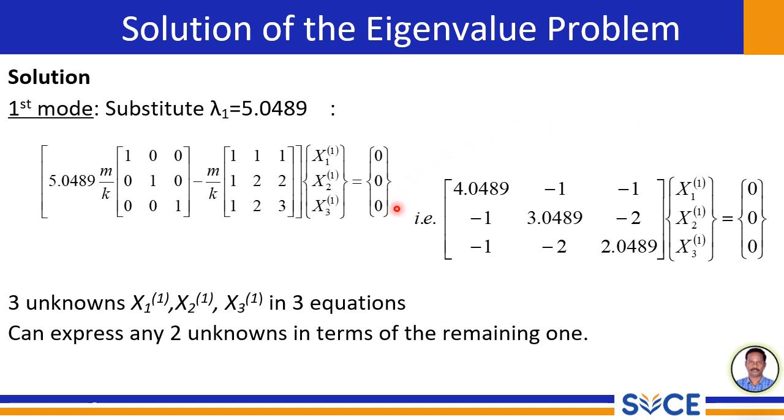This matrix equation represents a system of three linear homogeneous equations with three unknowns x1, x2, x3, which are the components of the first mode eigenvector. Since lambda 1 is an eigenvalue, the determinant of the coefficient matrix is 0, meaning the equations are not independent. Therefore, we can express any two of the unknowns in terms of the remaining one, allowing us to define the first mode shape.